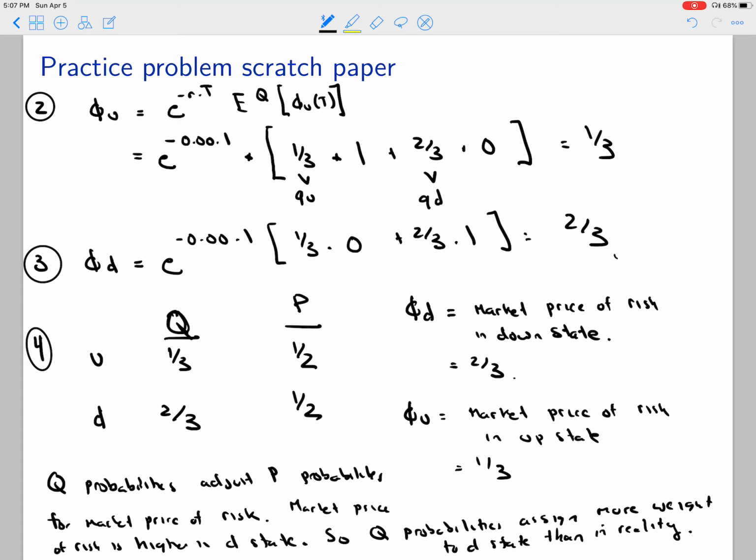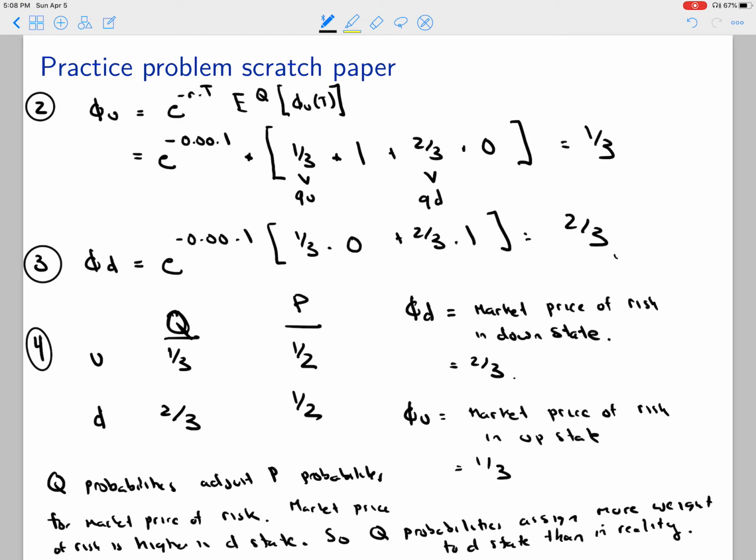The risk neutral probabilities take the physical probabilities and perform a risk adjustment to reflect how valuable $1 received in each state is. Both the U and the D states are equally likely in a real world likelihood context.